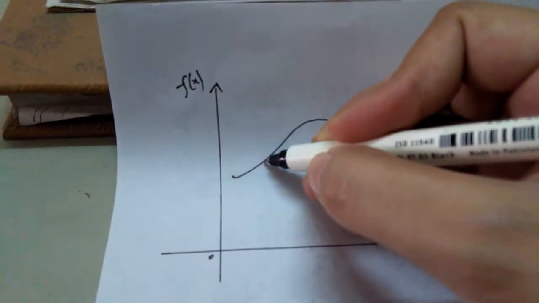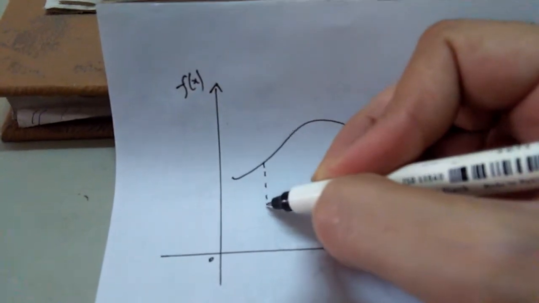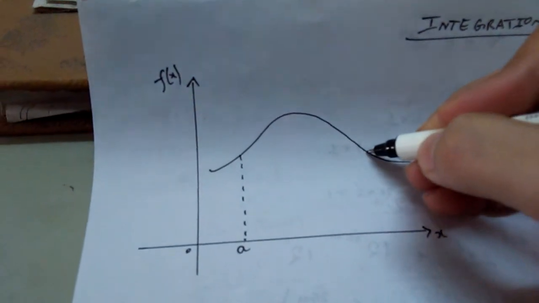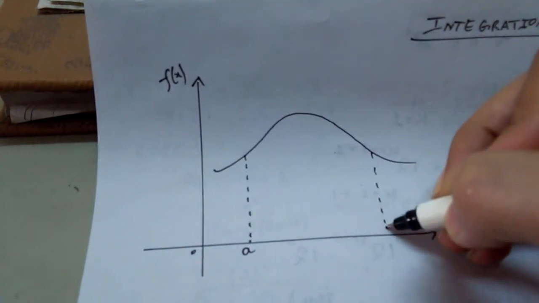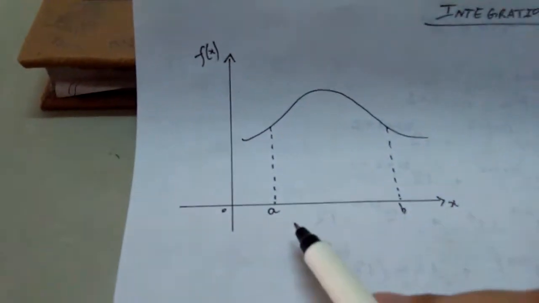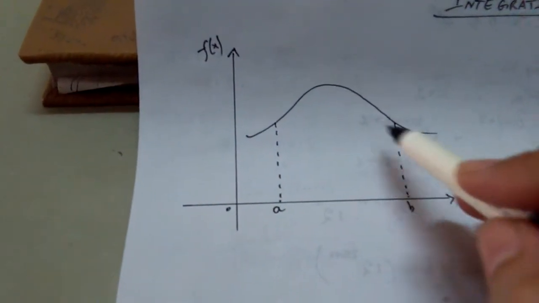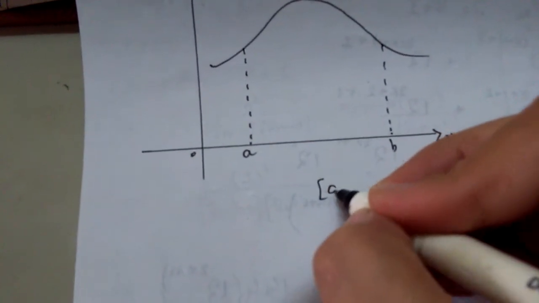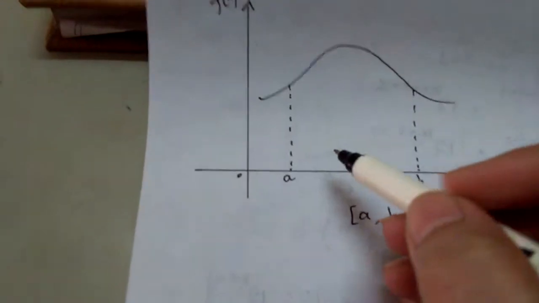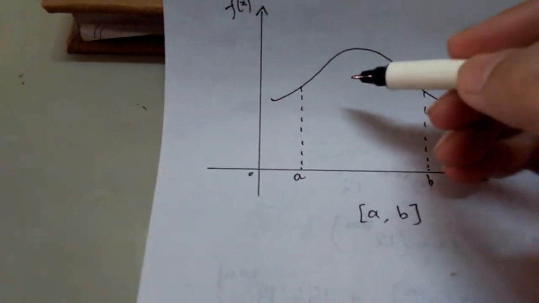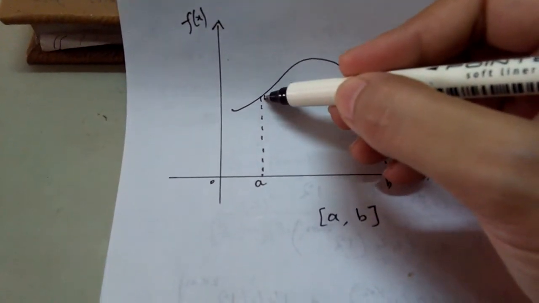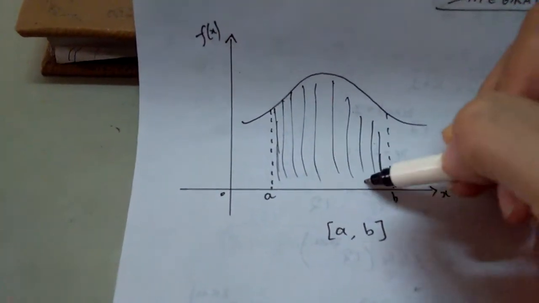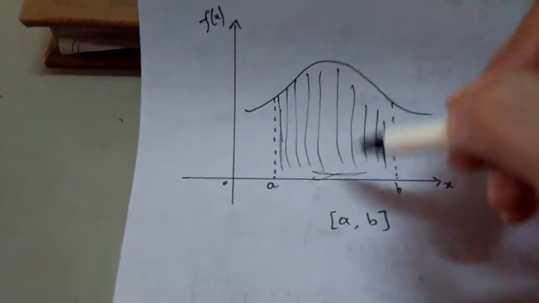Then I'm going to restrict this curve to a certain interval along the x-axis from A to B, like this. My objective is to find the area under this curve within this interval. So how am I going to calculate the entire area occupied under this curve within this limit?